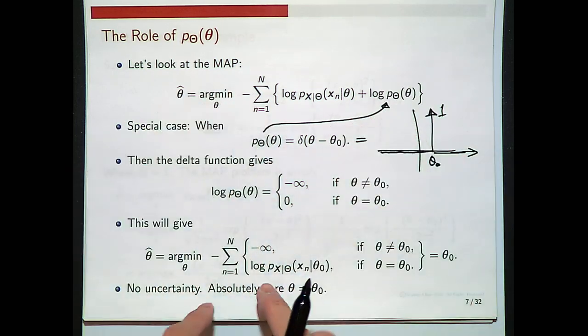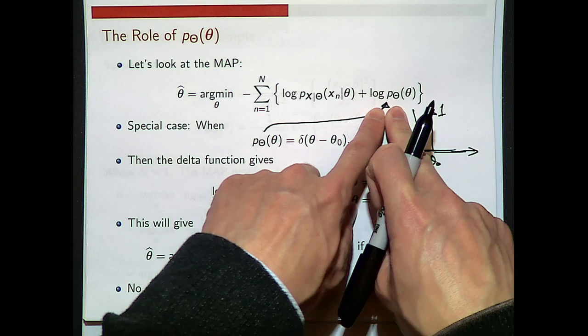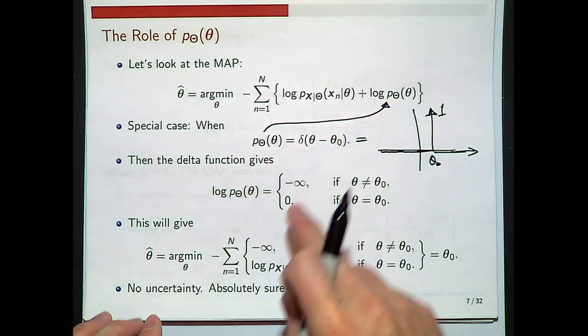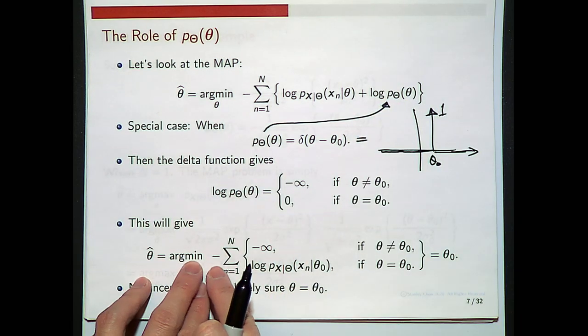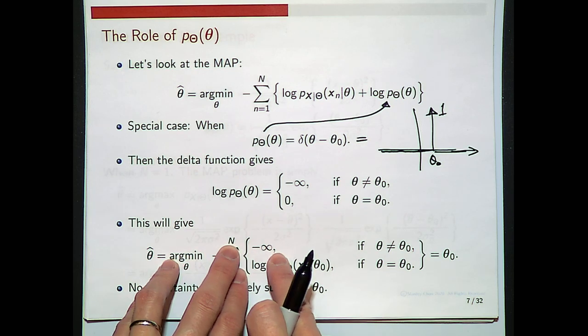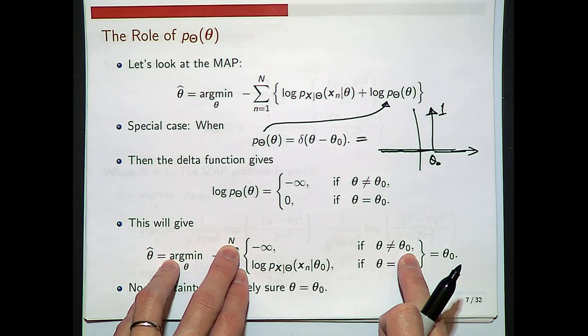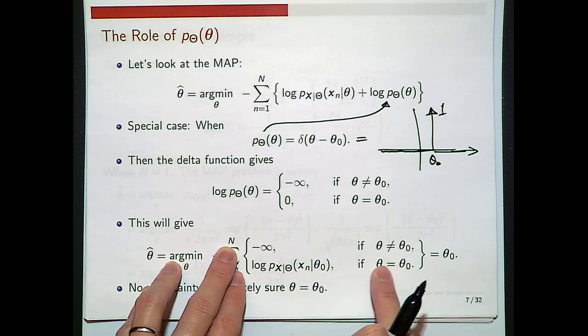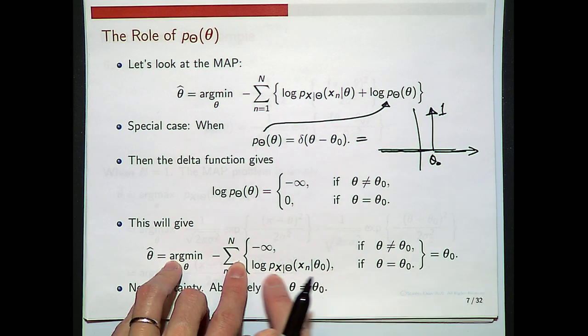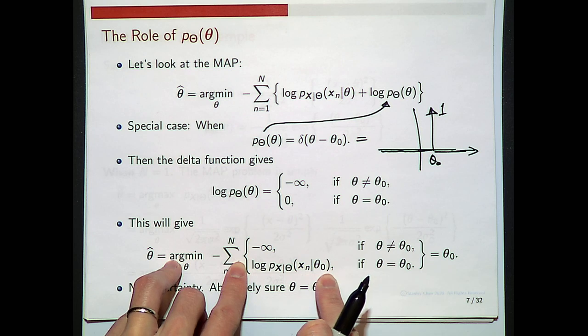So you plug this into this minimization problem, then what you will have is this arg min of negative summation of minus infinity when theta is not equal to theta 0. But if it is indeed theta 0, then you will get back the log likelihood term.